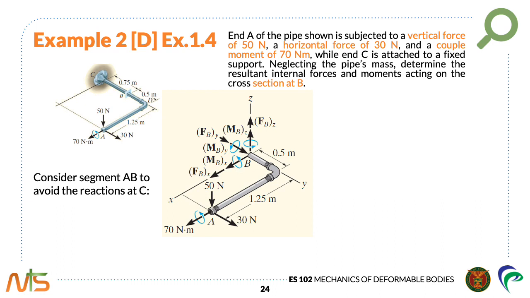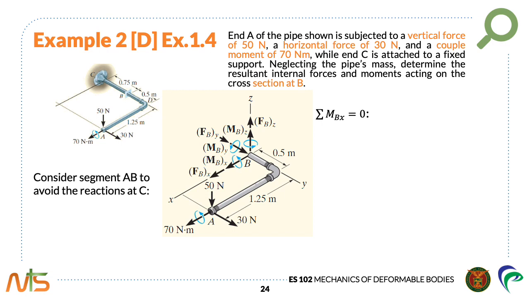Next, we sum moments about the x-axis at point B and equate it to 0. We have MBX, positive since it is directed in the positive x-axis. And then we have the 70 newton meters, again positive because it is directed to the positive x-axis.